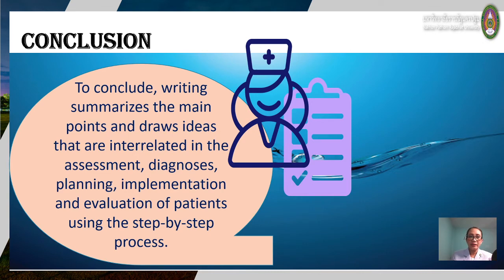So to conclude, okay, once again, writing summarizes the main points and draws ideas that are interrelated in the assessment, diagnosis, planning, implementation, and evaluation of patients using the step-by-step process.